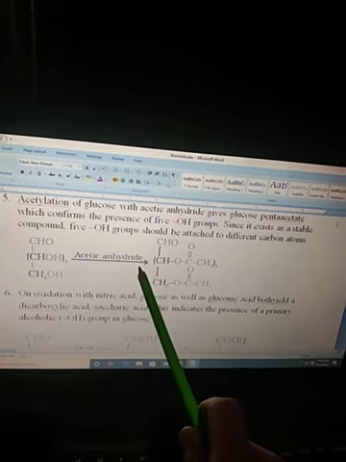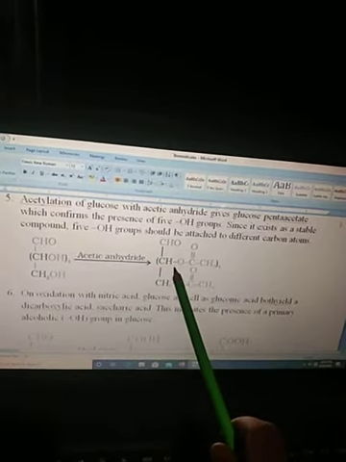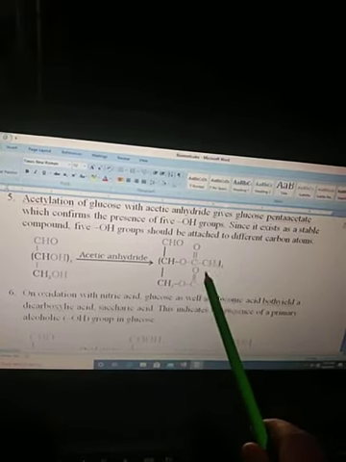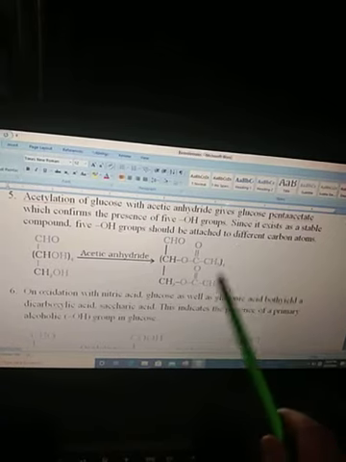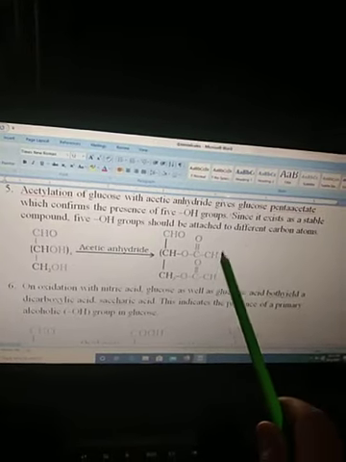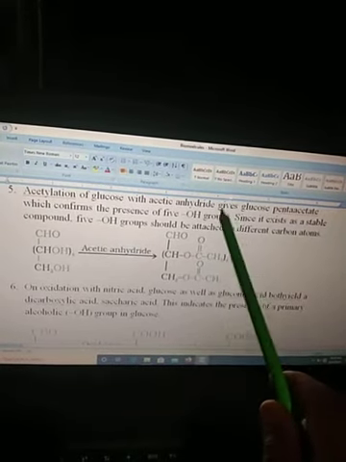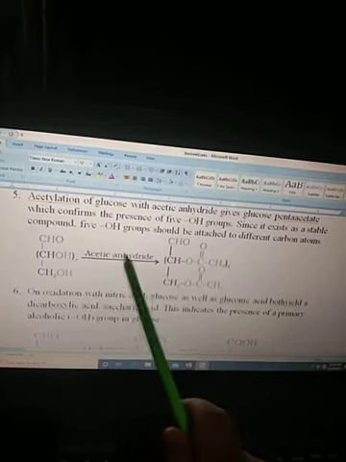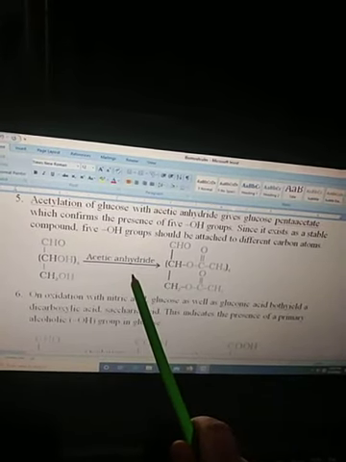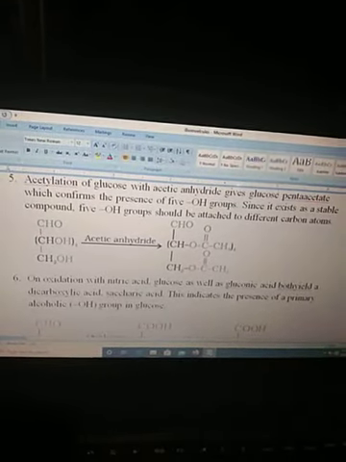When you treat it with acetic anhydride, if you get glucose pentaacetate, that means all the OH groups are substituted by ester groups. Since alcohol reacts with an acid to produce an ester, as we have seen in our previous classes, the reaction of glucose with acetic anhydride proves the presence of 5 OH groups.